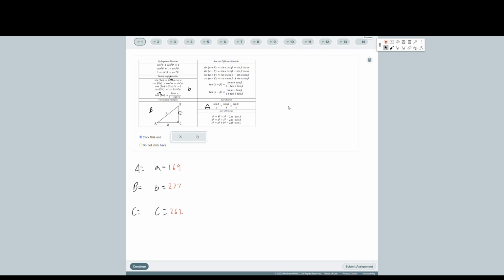So let's go over here. And to find the angle B, I am going to plug everything in. So that's going to be 277 squared equals 169 squared plus 262 squared minus 2 times 169 times 262 times the cosine of my B angle.